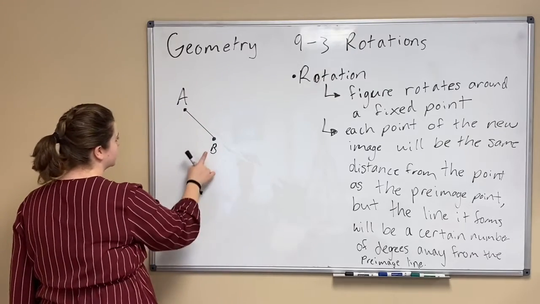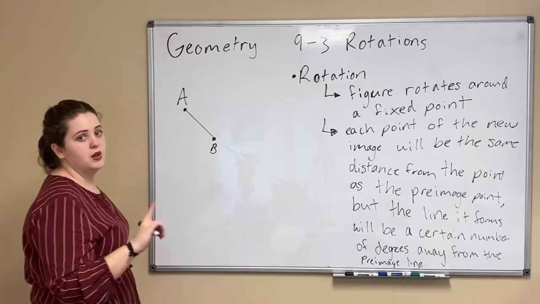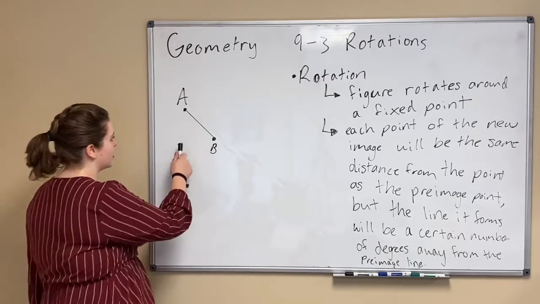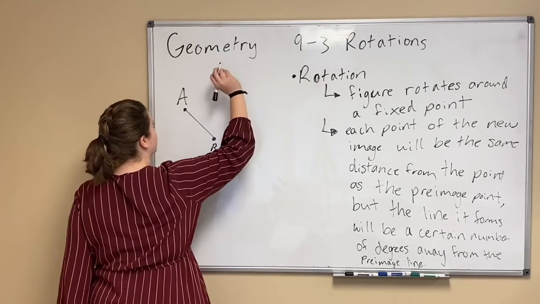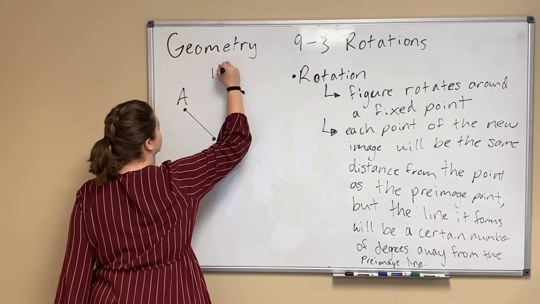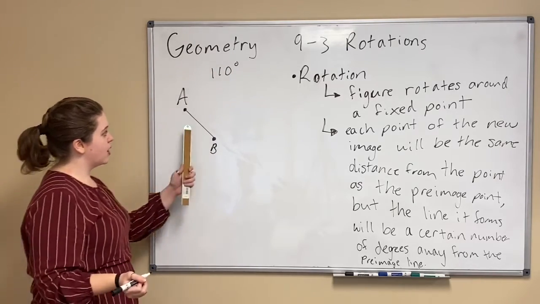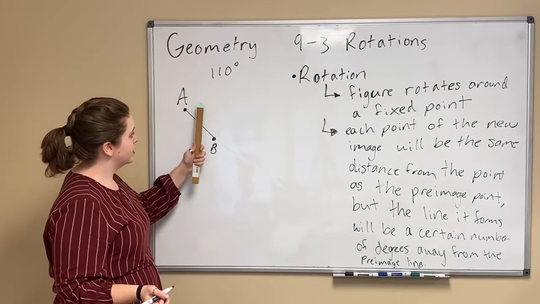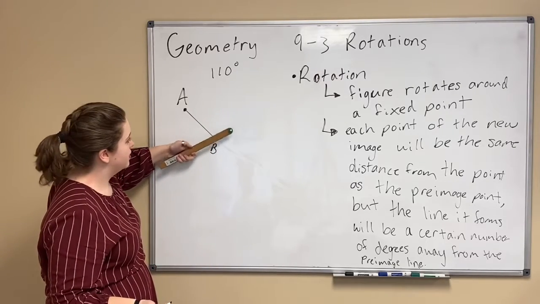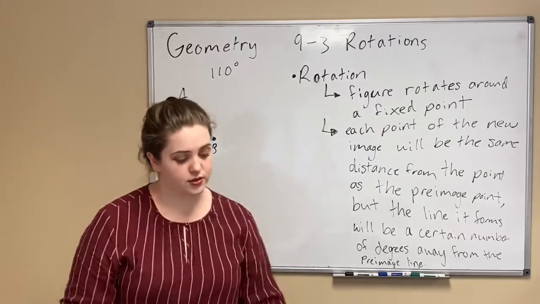So A is about 6.5 inches from B. If I said rotate A now 110 degrees, I'm going to figure out what is 110 degrees from A, and that'll be where our new line goes.